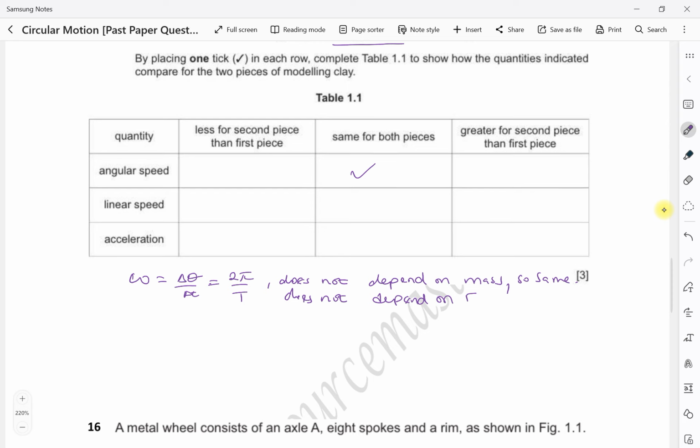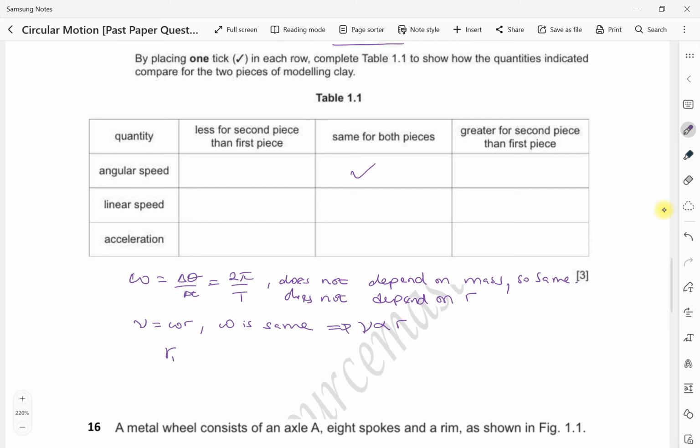Then number 2, the linear speed, that is V. The linear speed V is equal to omega r, but remember omega is the same. So this implies that V is directly proportional to the distance from the center. R for the first is greater than R for the second one.